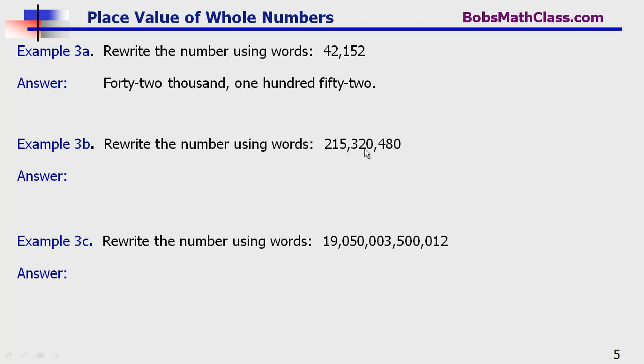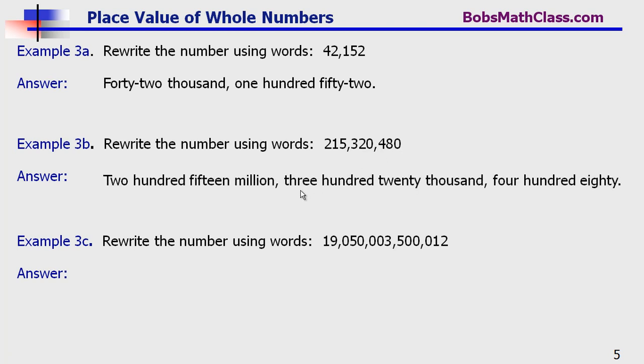And then write down the next period, 320, and then its period name, which would be 1,000. And in the last period, write down that number with no period name. So 215,320,000, comma, 480. So after the word million, put a comma, after the 1,000, comma.